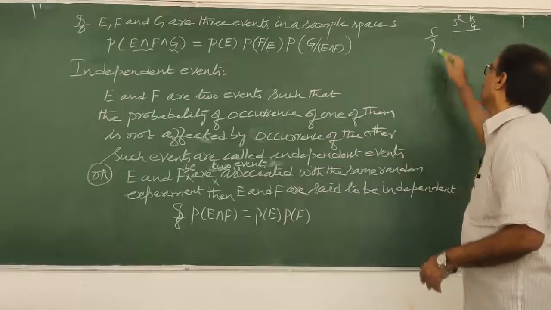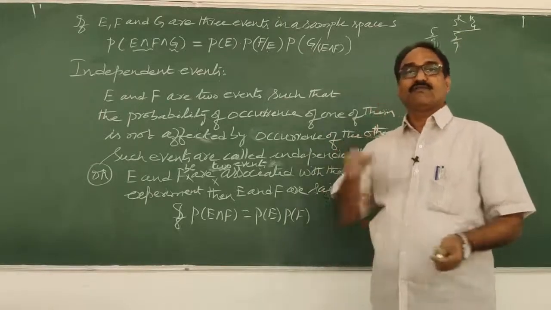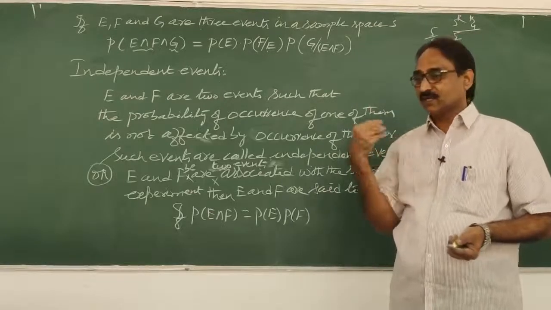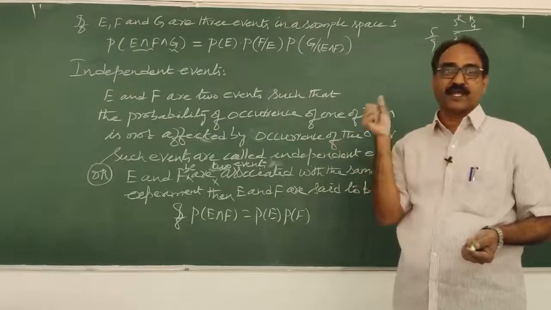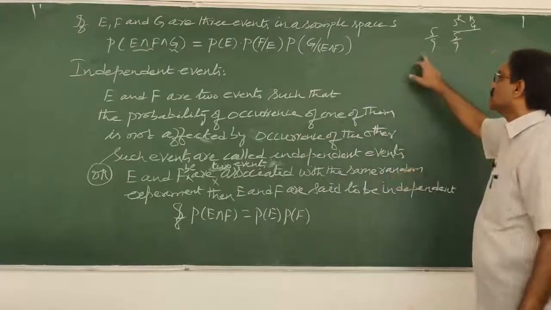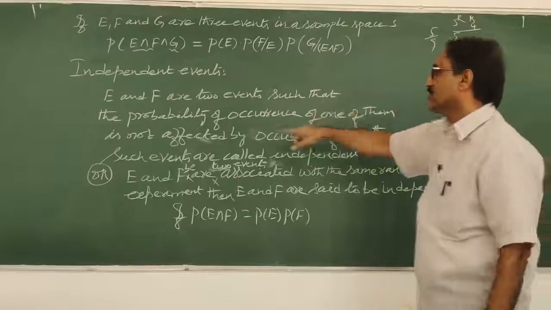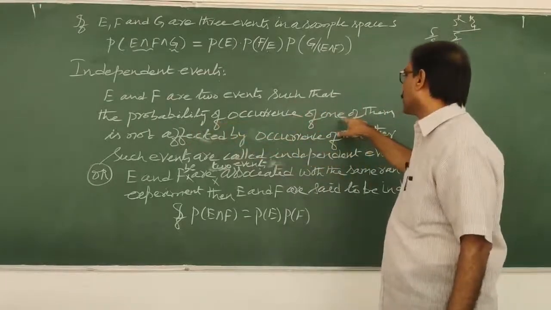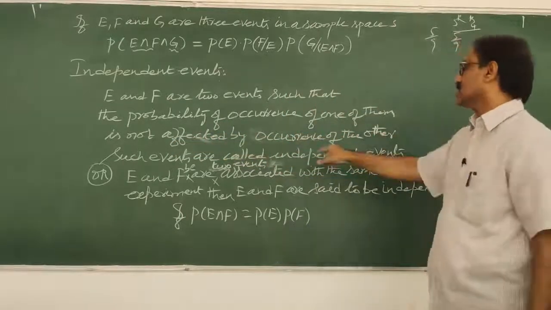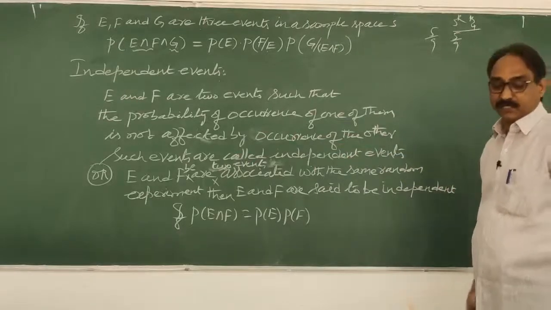Same, 5 by 9, because again 5 red balls and 9 total. So the first event does not affect the second drawing. Any one of them is not affected. The probability of occurrence of one of them is not affected by the occurrence of the other. Such events are called independent events.